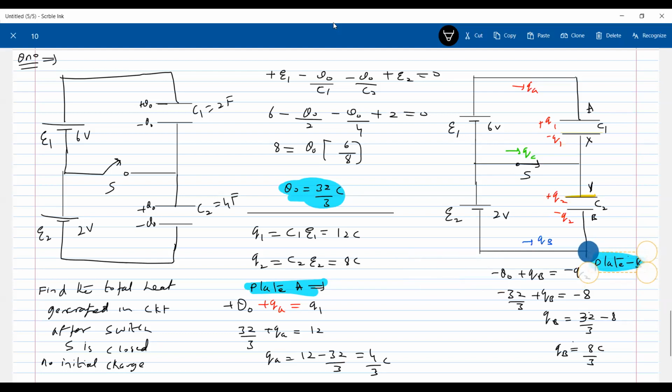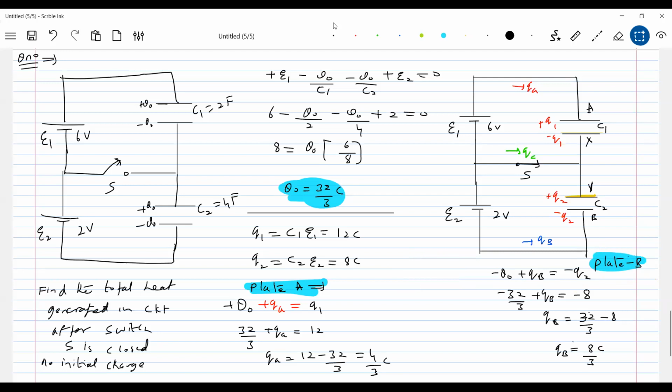Plate B. Plate C will show it here only. Now look at the plate C. What was the charge? Minus Q0 plus Q0 initially.